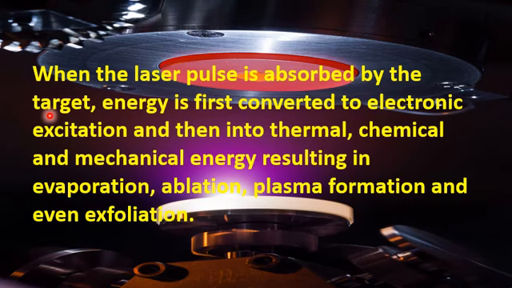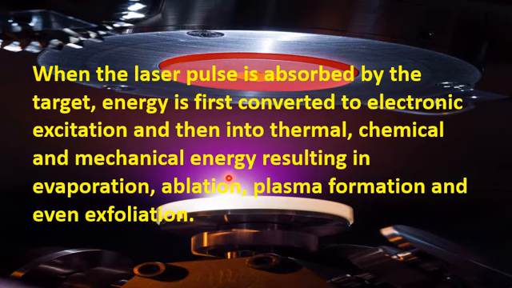So when this high energy laser falls onto a target material, the energy of the laser is converted into electronic energy of the source material. Basically, the incident high energy laser knocks out or excites the electrons of the source material, and when the electrons are excited, they result in a very high energy which is converted into thermal, chemical and mechanical energy.